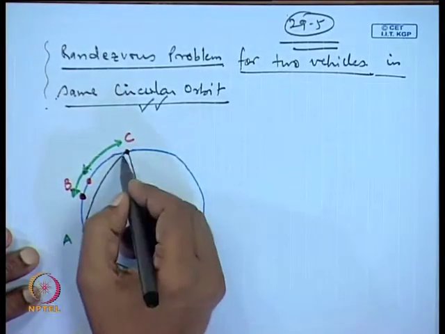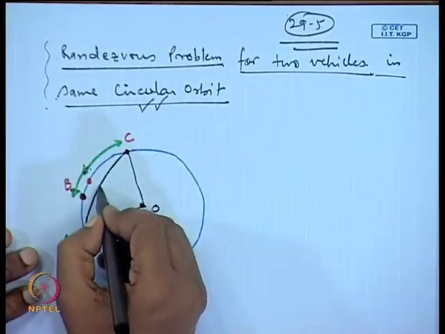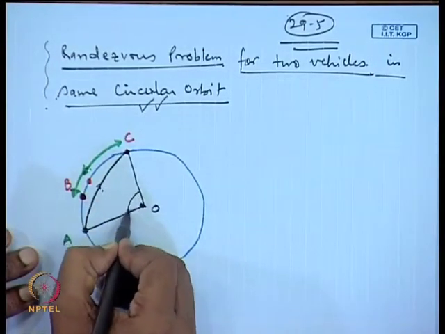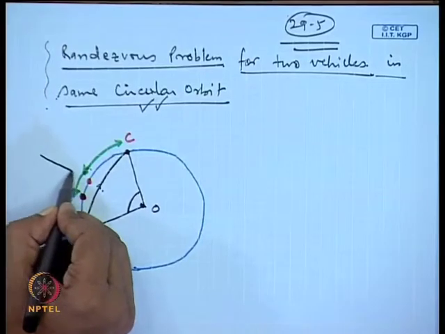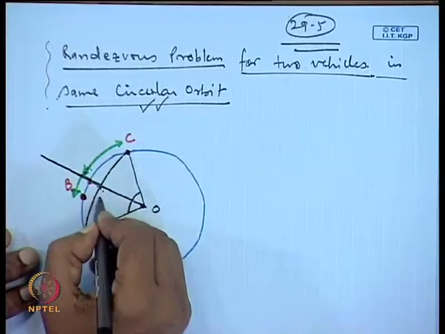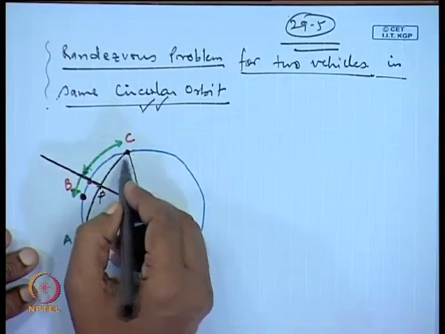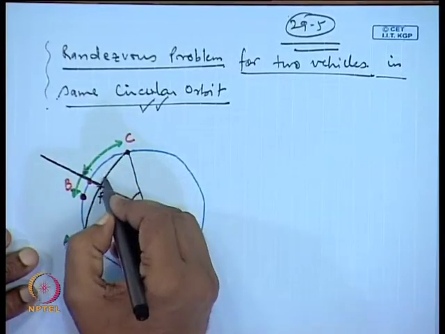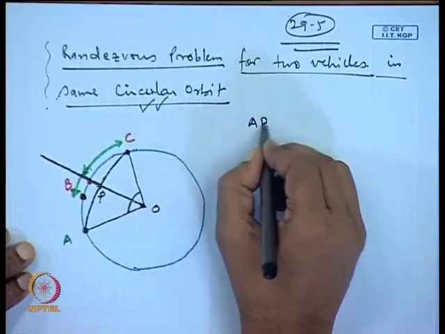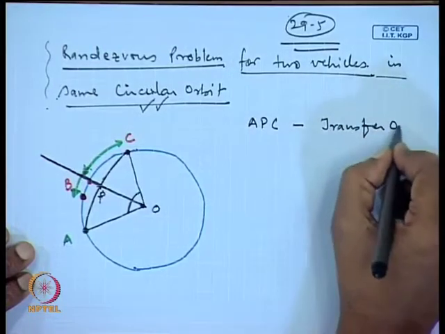Now, this is the orbit in which we will send satellite A. We can divide the whole angle into two parts by using a bisector, and this point will be the perigee position of satellite A while it is moving in this transfer orbit APC. So, APC is your transfer orbit.